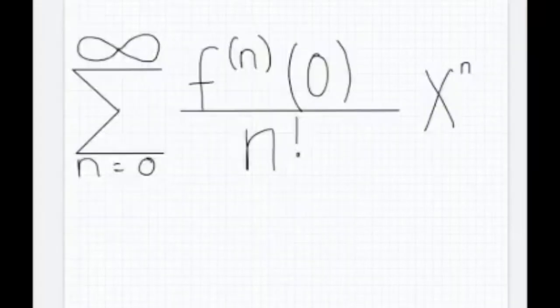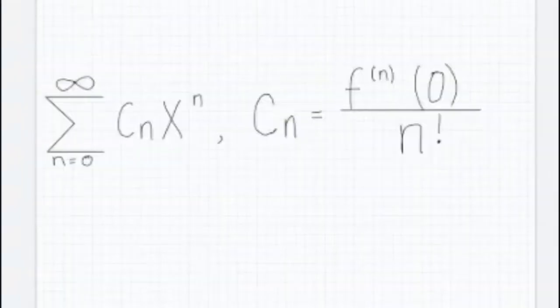We have the sum from n equals 0 to infinity of the nth derivative of f evaluated at 0 over n factorial times x to the n. Again, we can call the constant part, the nth derivative of the function evaluated at 0 over n factorial, c sub n to make our notation easier.